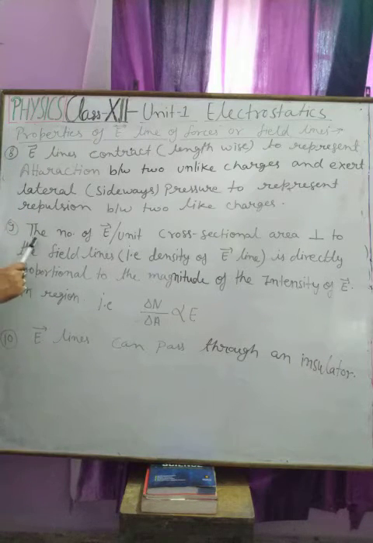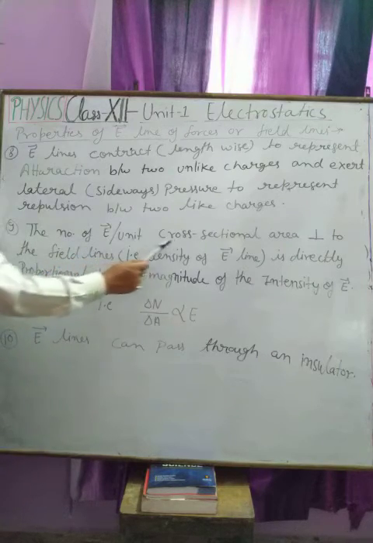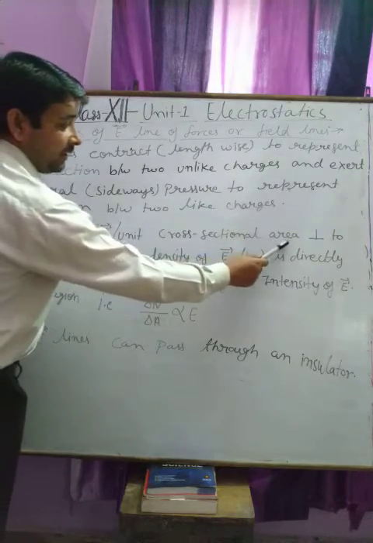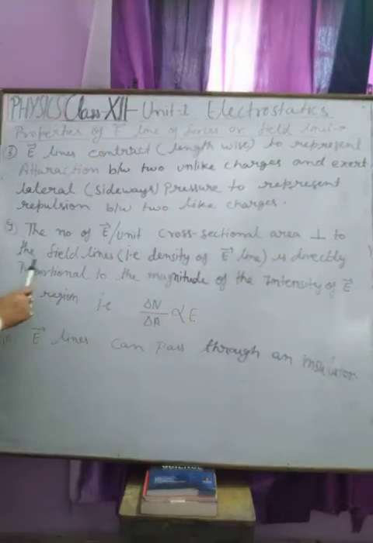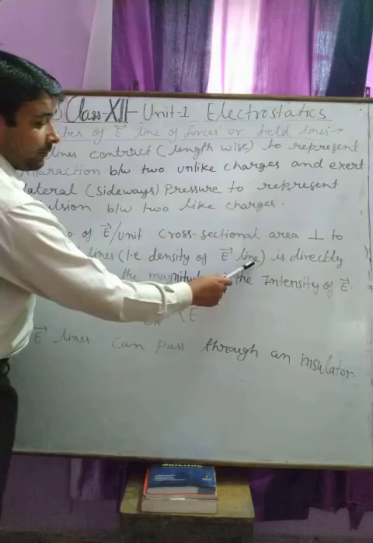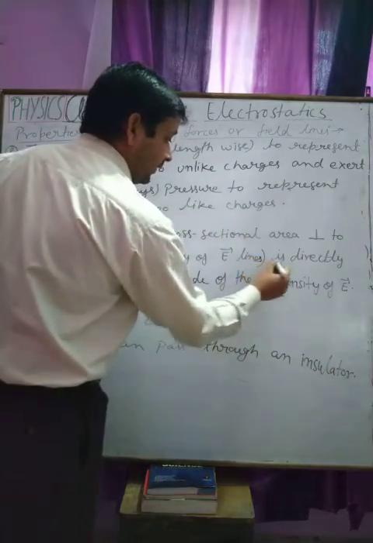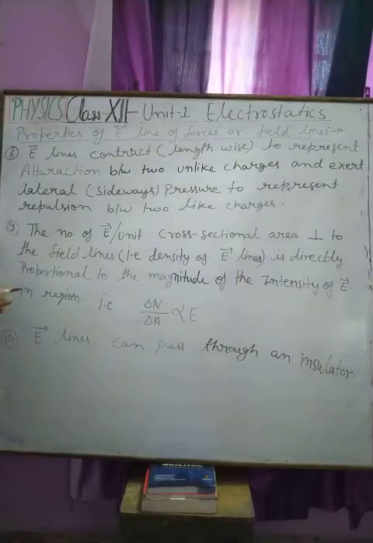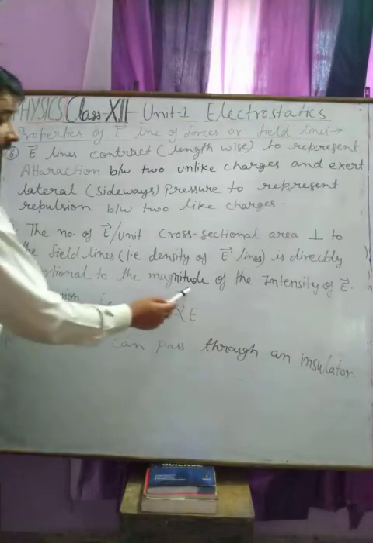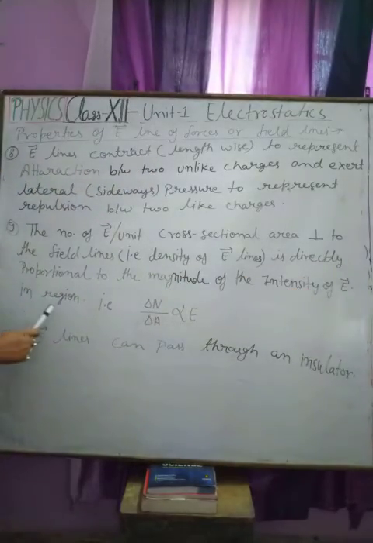Next, the number of electric field lines per unit cross-sectional area perpendicular to the field line, that is the density of electric field lines, is directly proportional to the magnitude of the electric field in the region.